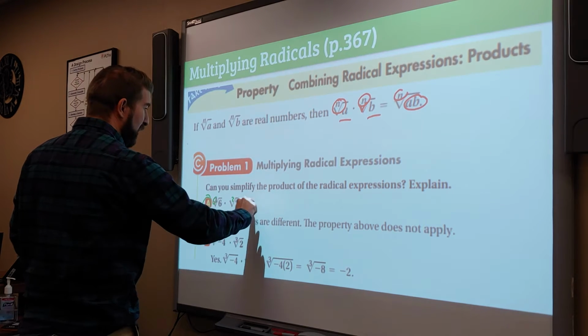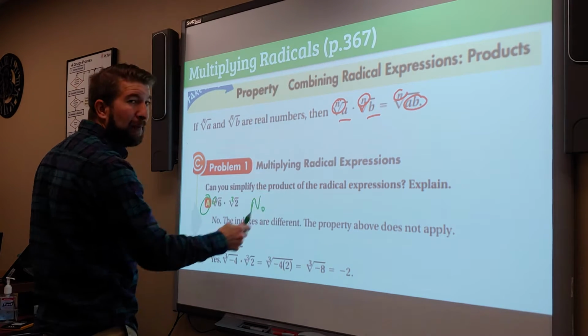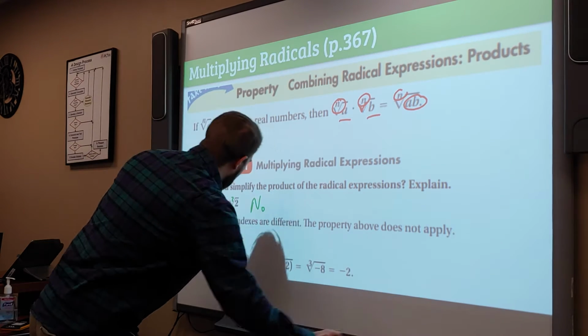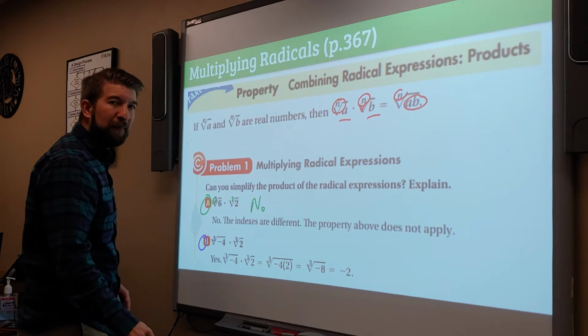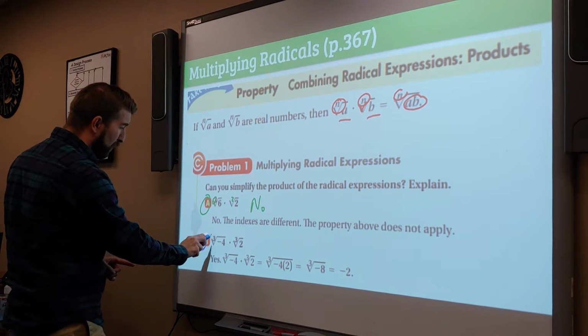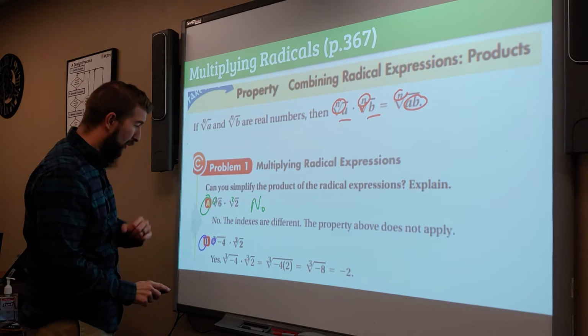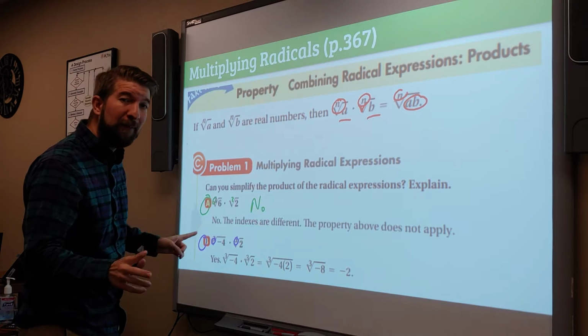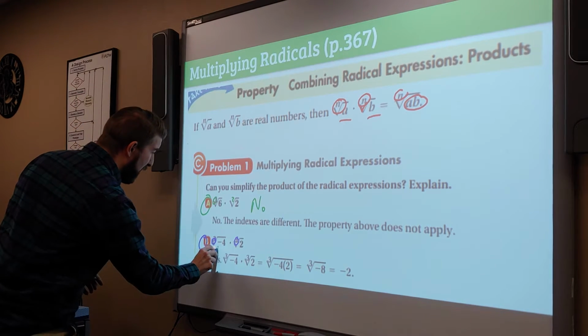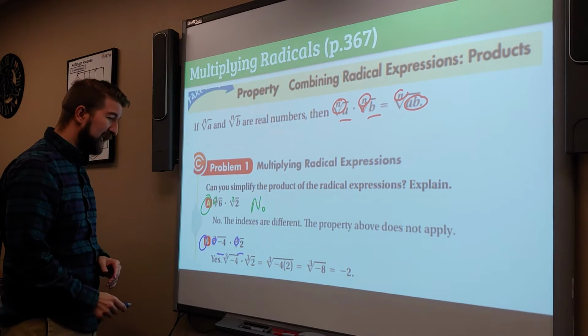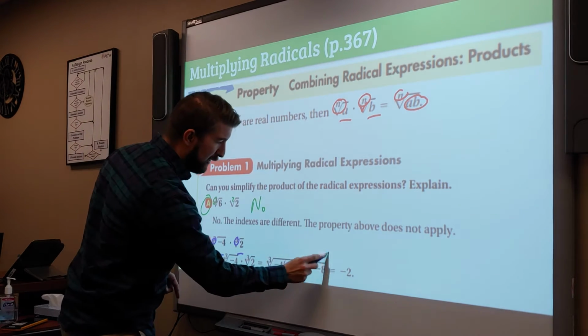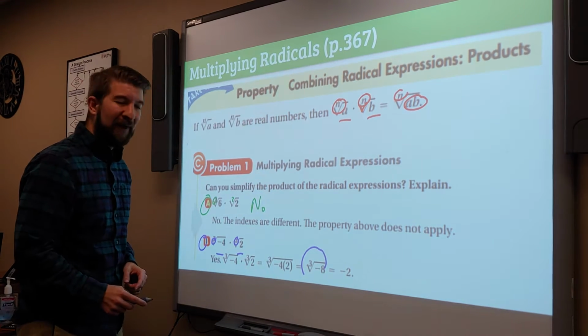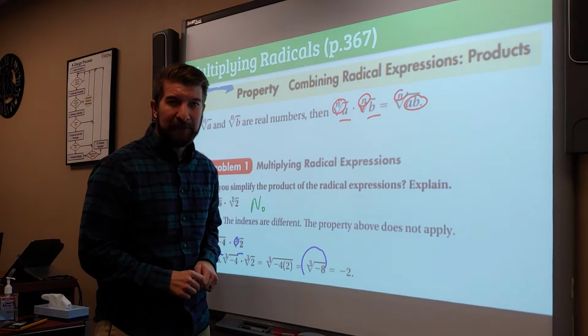And so we would say, no, this cannot be simplified. But let's look at example B. We have a cube root, so 3, and a cube root, 3. Those roots match up. Therefore, we can multiply -4 and 2 together, and that gives us -8, the cube root of -8.